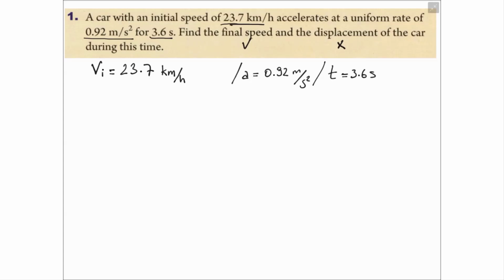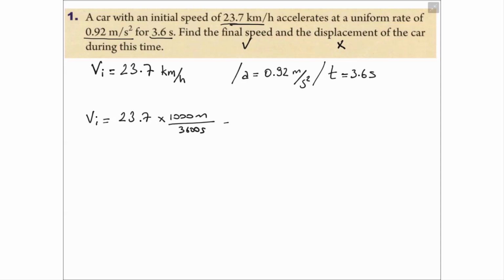The acceleration unit is meter per second squared, the unit of the time is second. So I have to convert the initial velocity into meter per second, and the initial velocity is given in kilometer per hour. So 23.7 times 1000 meter over 3600 seconds.